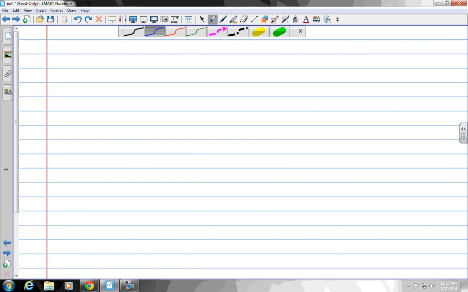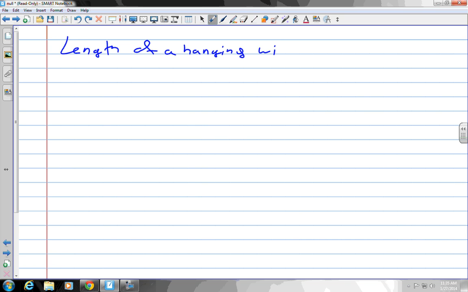So, well, let's do a calc 1-ish problem. It needs some calc 1 recollections here. Length of an overhanging wire. Then I have, whatever, the telephone poles and the wire hanging.